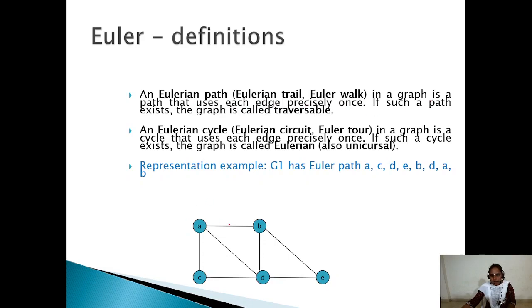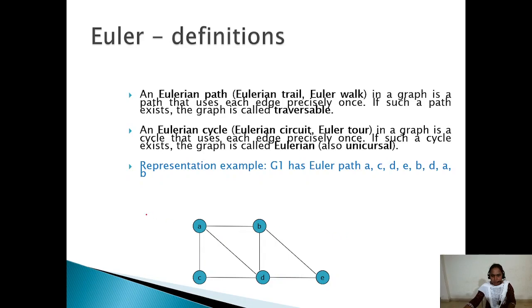If such a path exists, then the graph is traversable. What is an Euler cycle? An Euler cycle is also known as an Euler circuit or Euler tour. If a cycle exists, this is the Euler circuit.